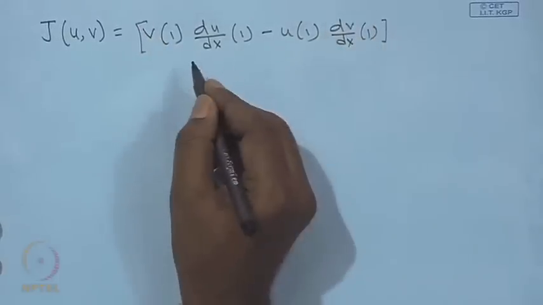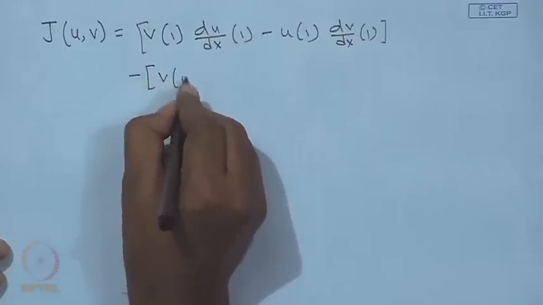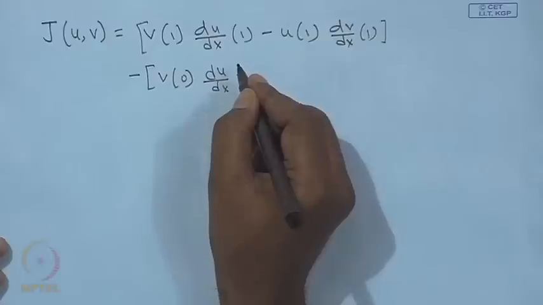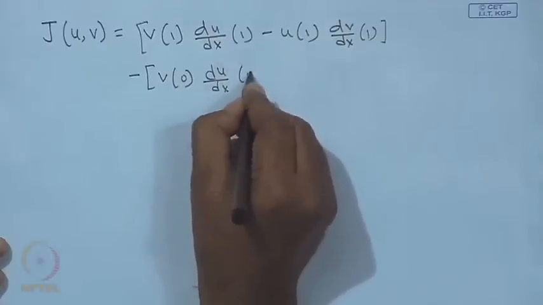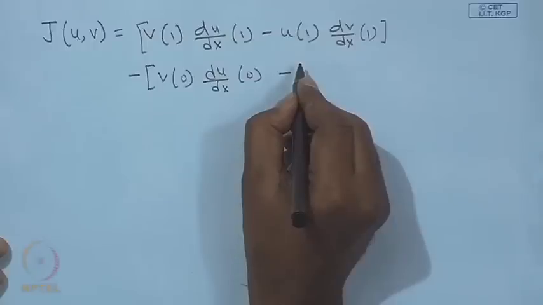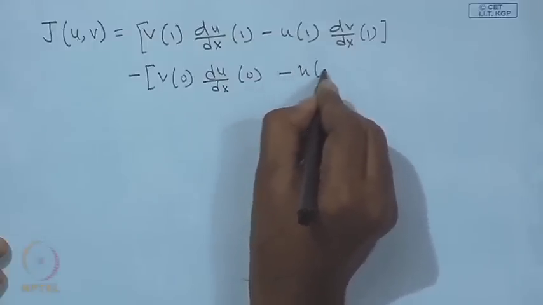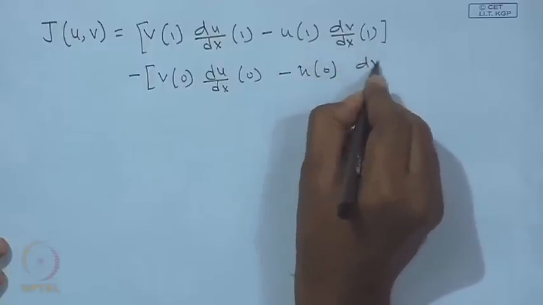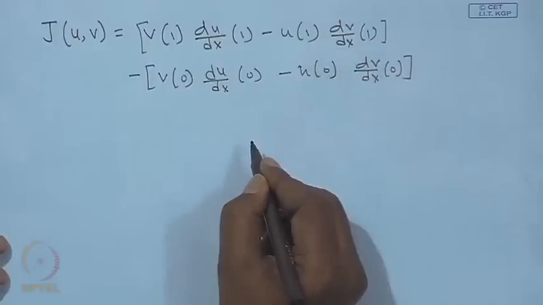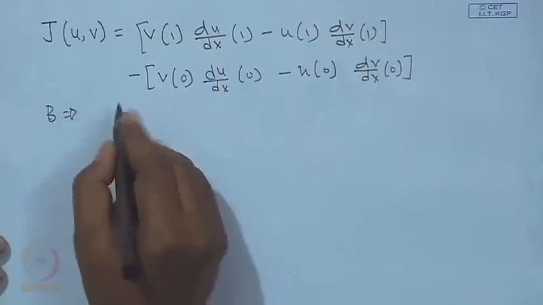So, this is the first one, minus v at 0 du/dx at 0 minus u at 0 dv/dx at 0.